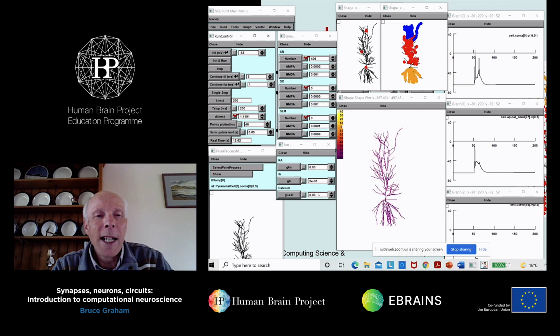So one thing I can nicely do in this cell is simply remove or reduce the conductance of a particular type of ion channel. And so what I'm going to do now is remove what's known as an R-type calcium channel from this cell and rerun the simulation.